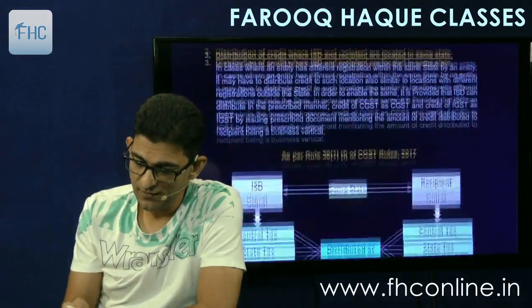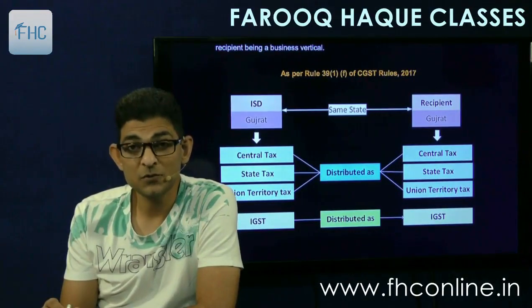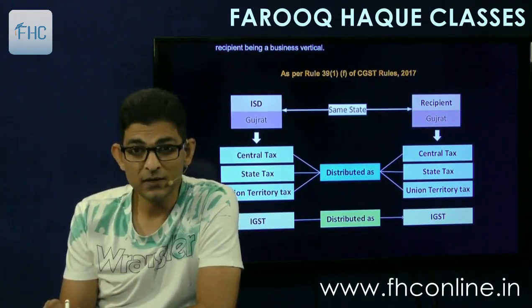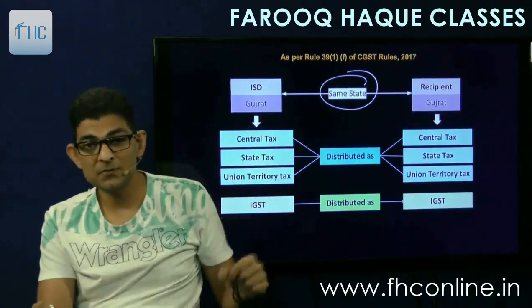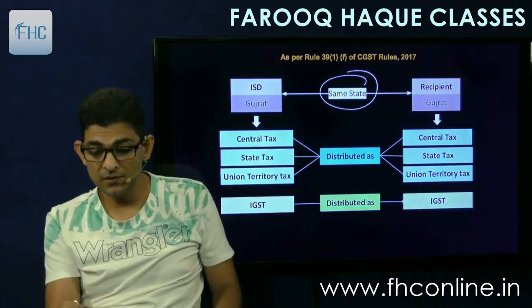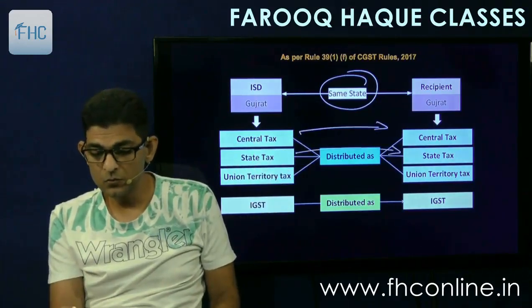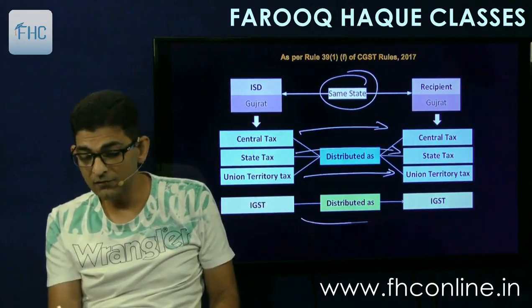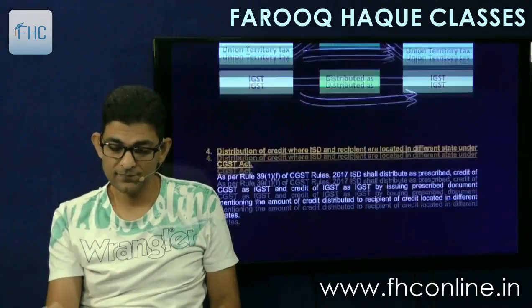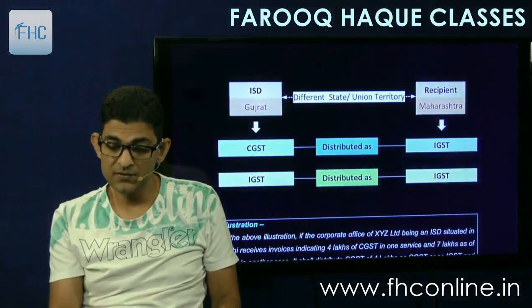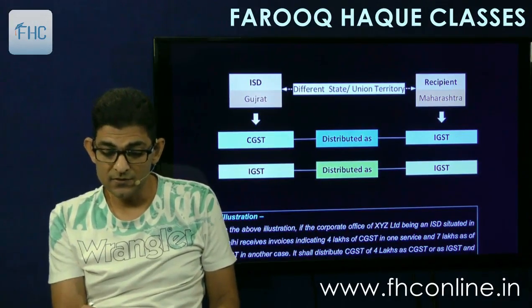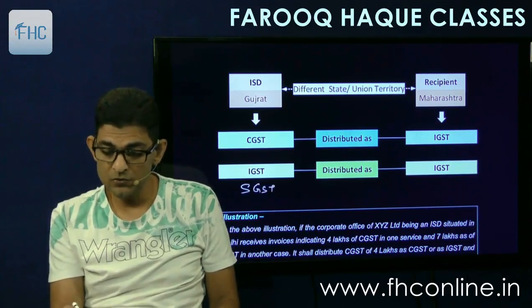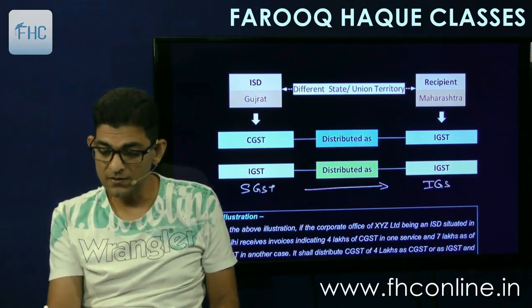And then it is further given how the credit is to be distributed. Like the ISD is in Gujarat. If the recipient is in the same state, then it will have the same character. CT will remain CT, state will remain state, union territory will remain union territory, and integrated will remain integrated. And if they are in different states, then CGST will be distributed as IGST, IGST will be distributed as IGST, and SGST will also be distributed as IGST.